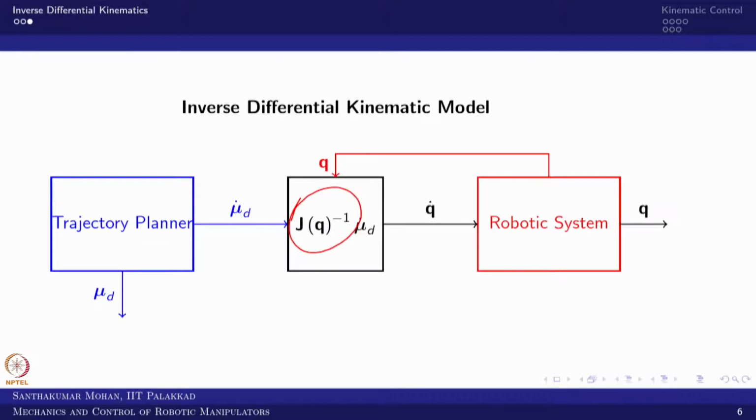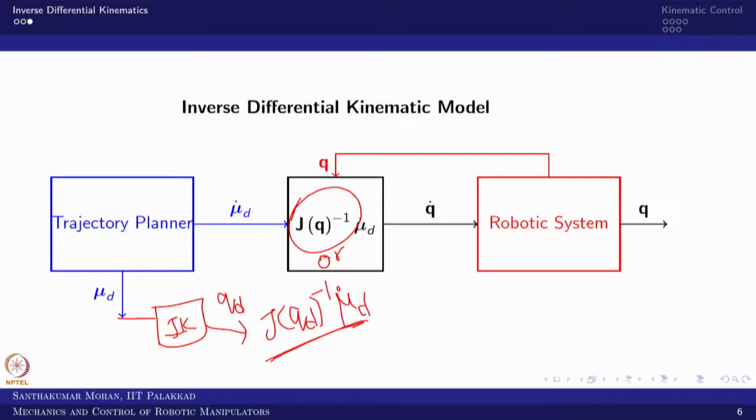Okay, I already told you strictly we can write it this way: J of Q desired inverse times mu desired dot. So this is the equation. For that we have to have the inverse kinematics that will give the Q desired.